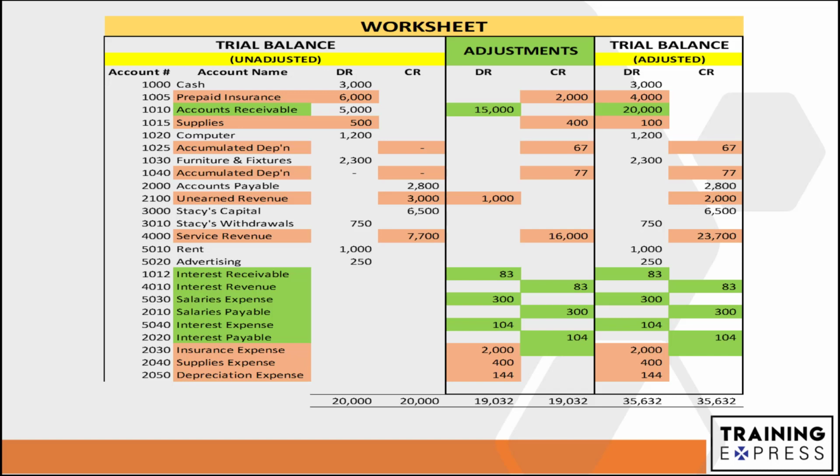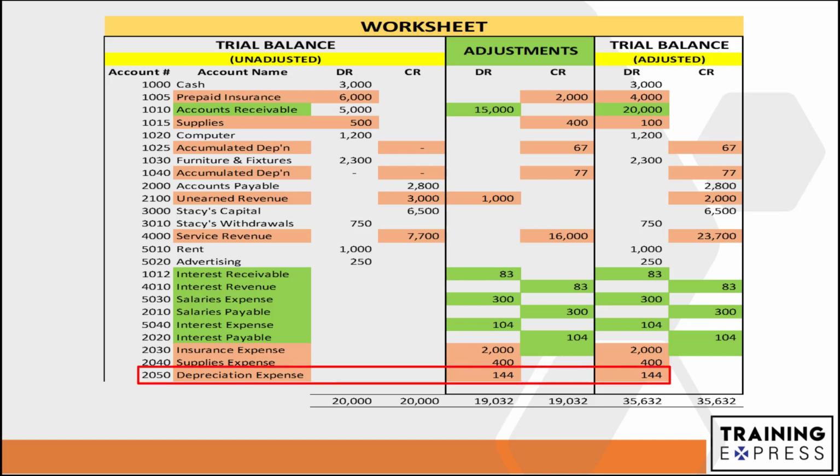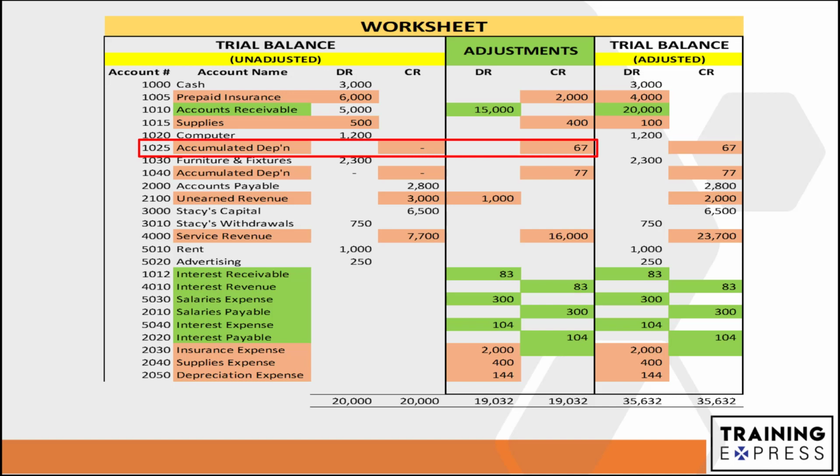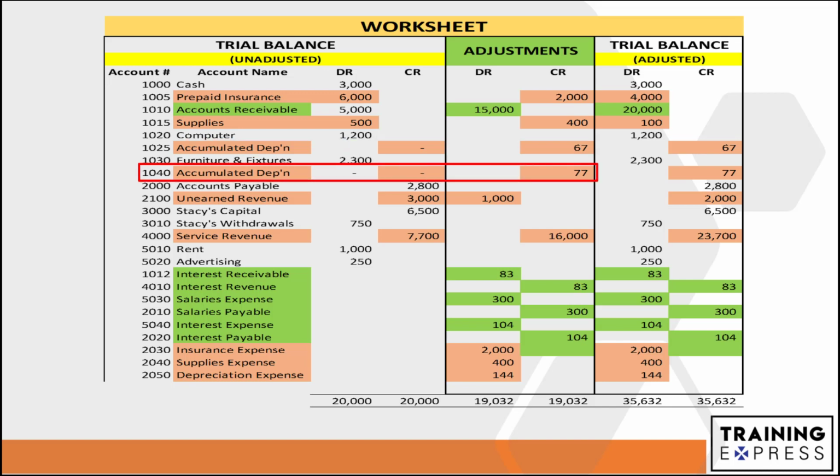Depreciation expense in total will be debit by $144 and accumulated depreciation on computer will be credited by $67 and accumulated depreciation on furniture and fixture will be credited by $77. Now this way you would see that our final worksheet is done.